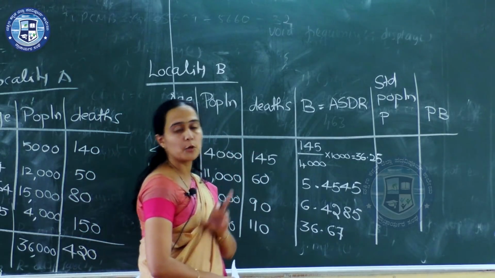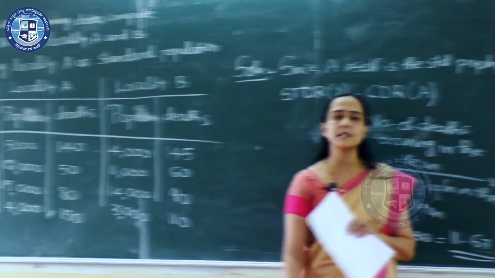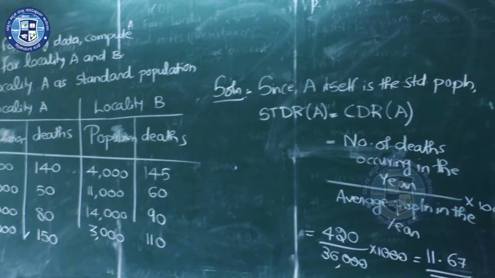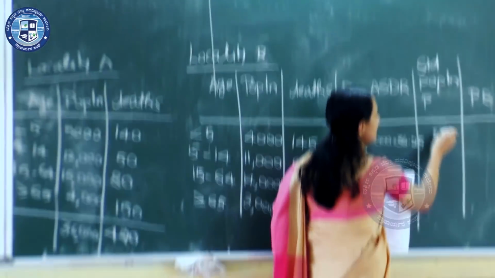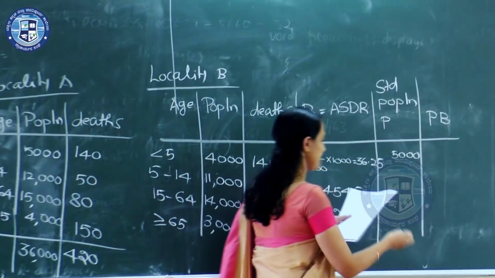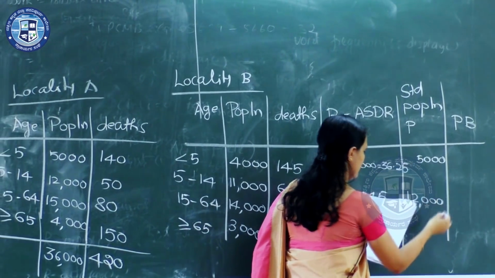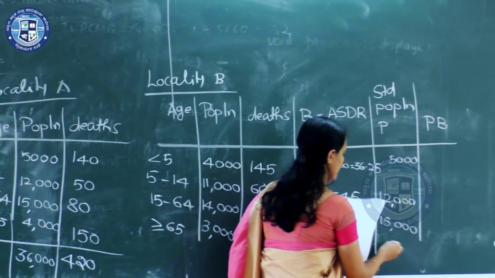Next, standard population. Remember, standard population is not separately given. Locality A's population we are taking as a standard population. So standard population, write locality A population, that is 5,000, 12,000, next 15,000, 4,000.